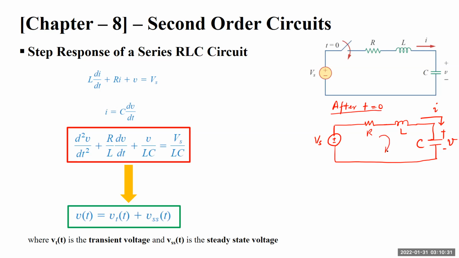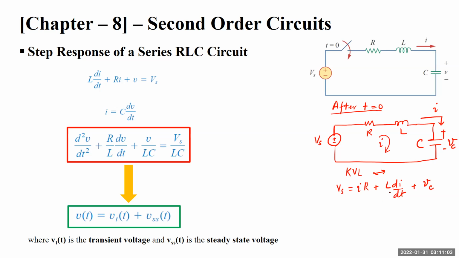If we have to develop a differential equation for this circuit, we simply use KVL and write down the corresponding equation. So our equation becomes Vs equals IR plus L di/dt plus the voltage across the capacitor, which we call Vc.